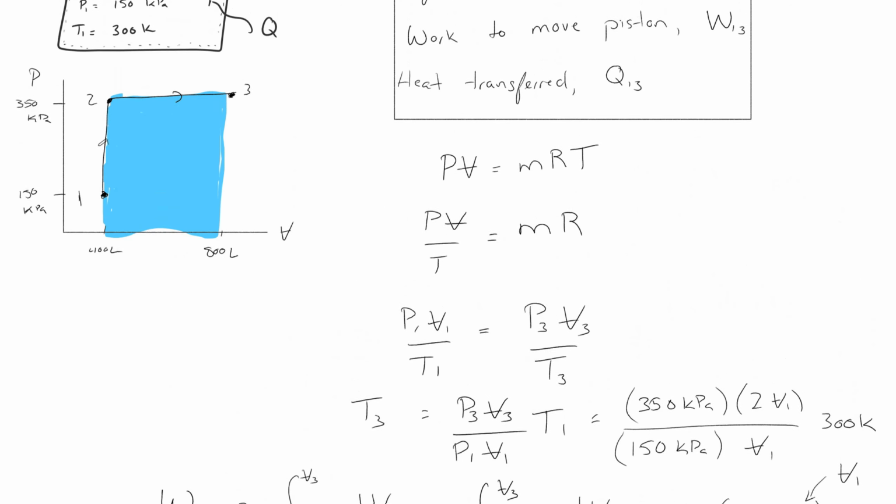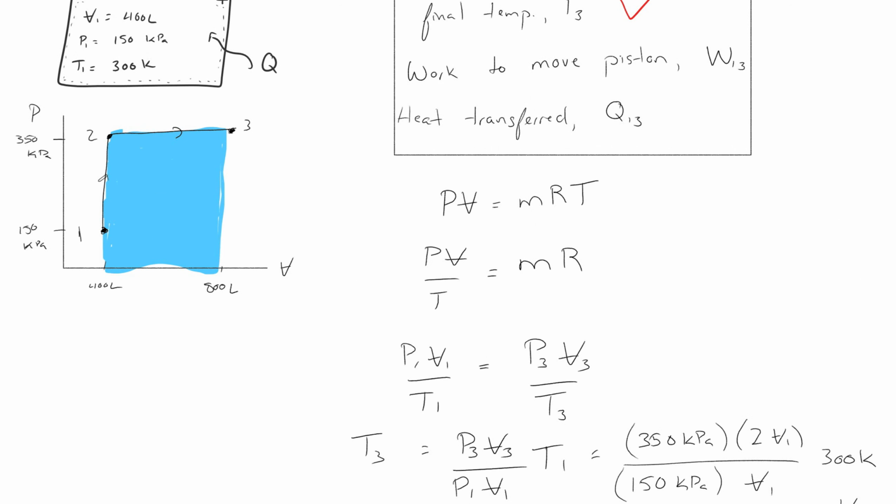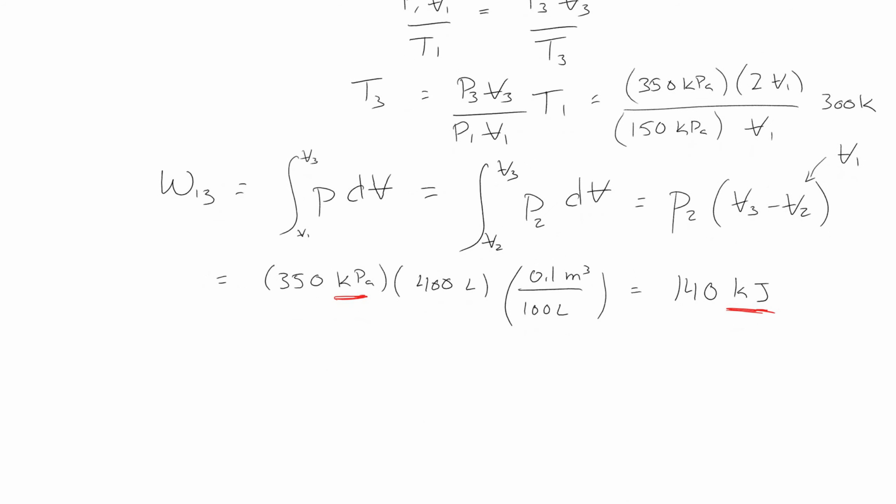So, work is done. So now it's time to look at the heat transferred from state 1 all the way to state 3. Right, so Q13 is what I'm looking for. And before I get there, I'm going to need to consider an energy balance on my gas.